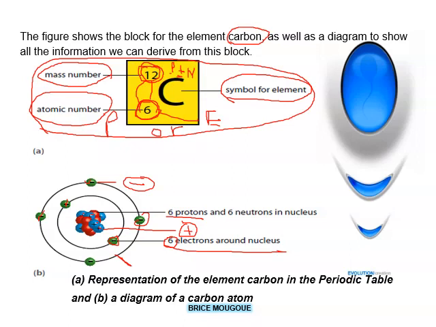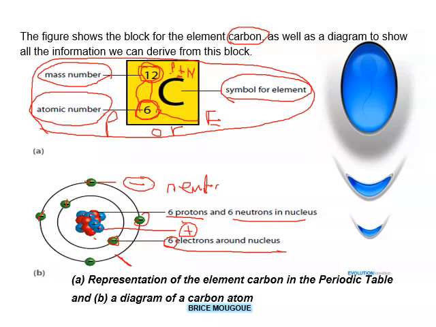That's what makes it neutral. Positive plus negative is neutral. And also there are 6 neutrons. Neutrons have no charge. They are neutral. That's why you see there's no positive or negative sign on them. So that's what we have here.